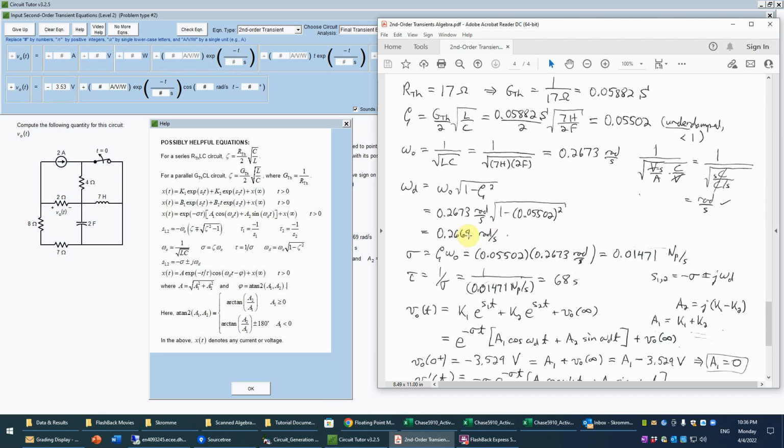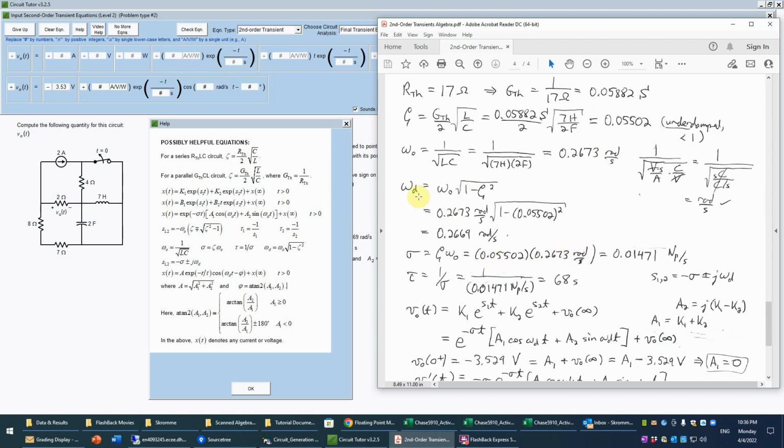Now, other parameters that I will need in an underdamped case are this sigma, which is, or negative sigma rather, the real part of the complex frequencies. So sigma is defined as zeta times omega naught. I just do that math. The zeta is 0.05502 times the omega naught, the 0.2673 radians per second.